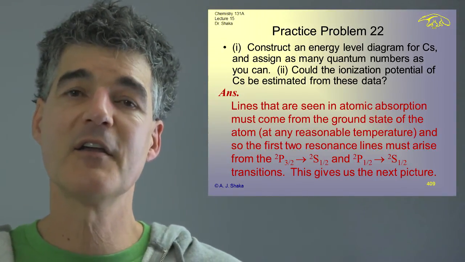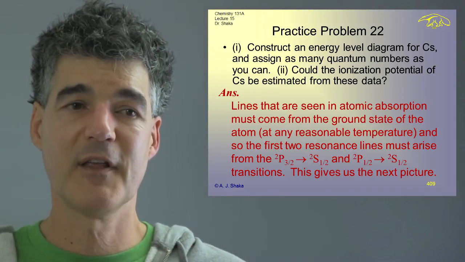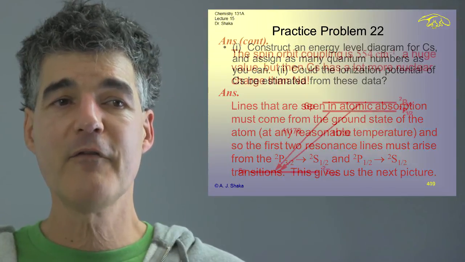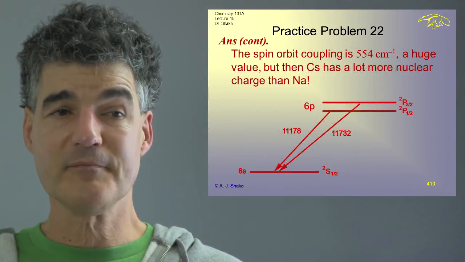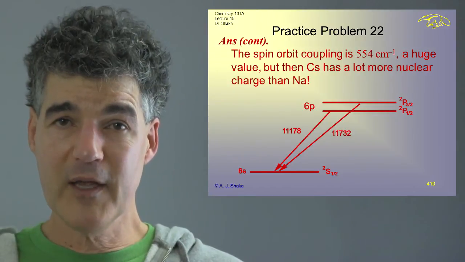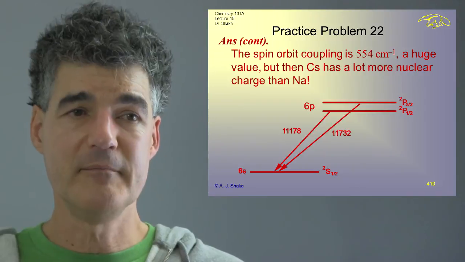My goodness, that could make an enormous magnetic field at the site of the electron. And therefore, these resonance lines give us the following picture, which I've shown here on slide 410.